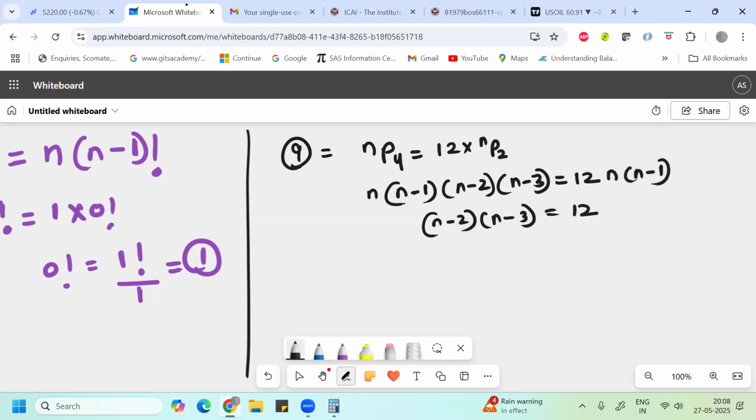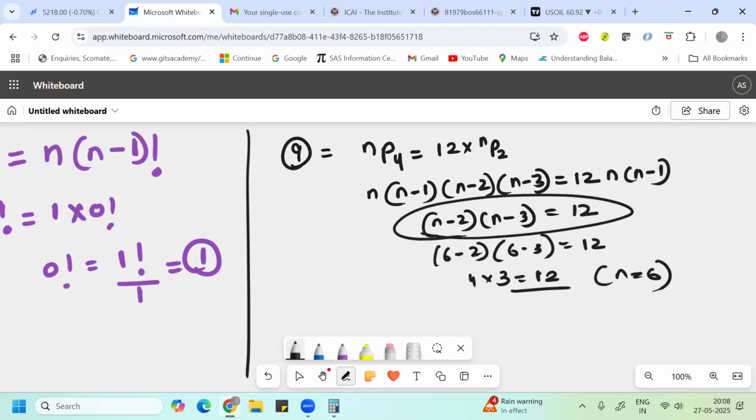So what is your n? n is 6. You can write 6 minus 2 into 6 minus 3 is equal to 12. So 4 into 3 is equal to 12. So your n is basically 6. If you don't understand it, solve it by using a quadratic equation. n square minus 3n minus 2n plus 6 is equal to 12.